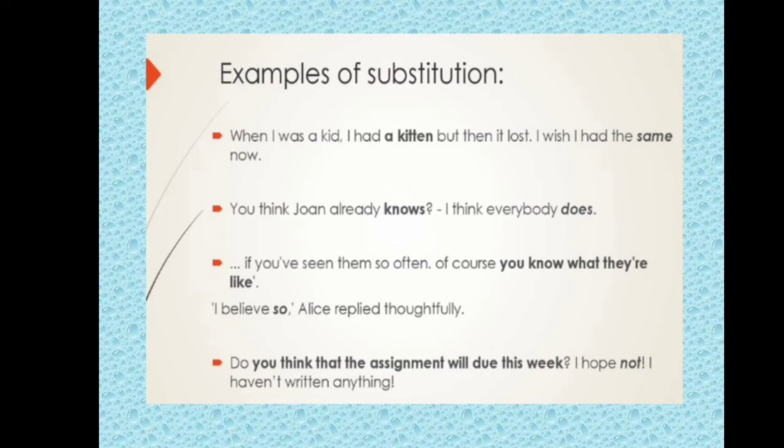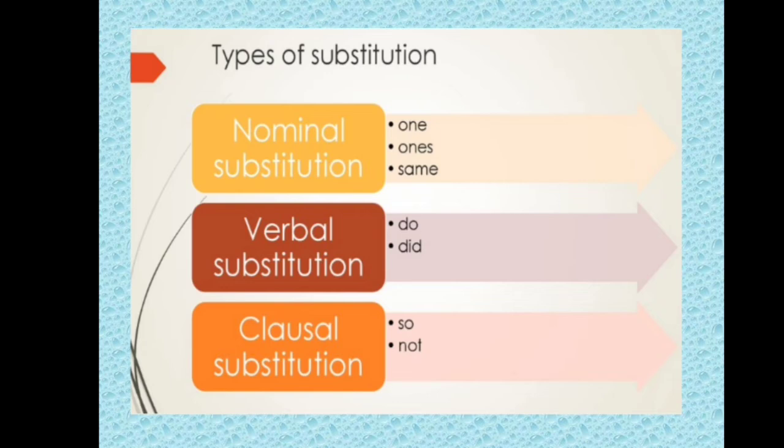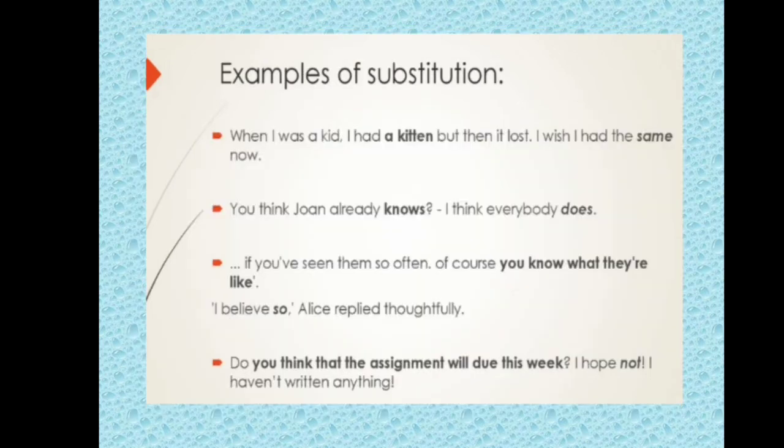The examples of substitution. The first one: when I was a kid, I had a kitten, but then it was lost. I wish I had the same now. Nah, di sini ada a kitten and same. Berarti dia termasuk nominal substitution. And then: you think John already knows? I think everybody does.